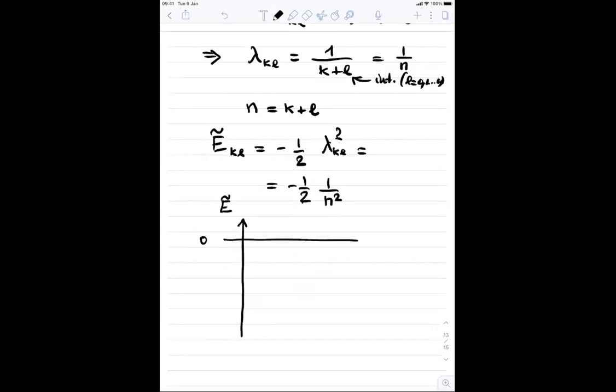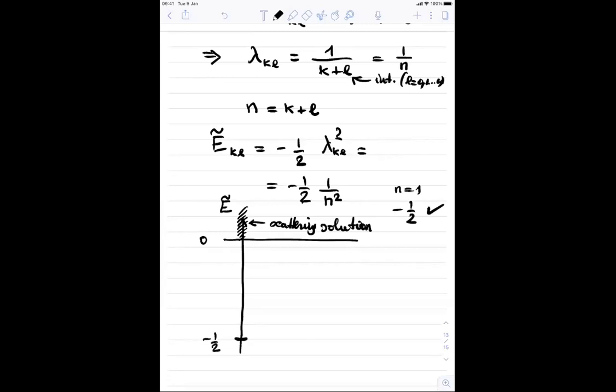By the way, for positive energy, I have unbound states, a continuous spectrum, scattering solutions. We don't care about them. These are scattering solutions, which is not what we were hunting for. What we hunt for is this minus 1/2 times 1 over n squared. By the way, for n equal 1, we get minus 1/2, the value that we just calculated with the guess, the very first guess. So here it is, minus 1/2, the ground state.